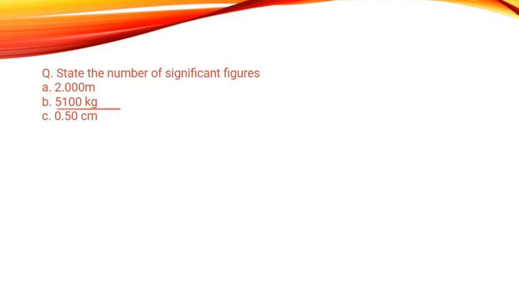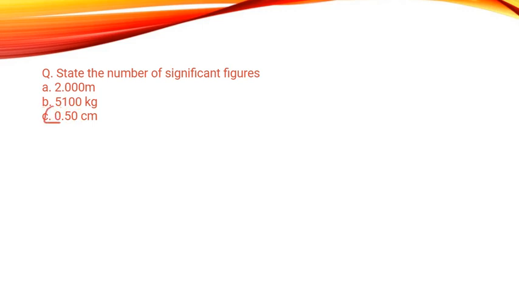Fine. Beta, let me just change this number. Okay, in this number C, how many significant figures? It will be 1, and this 0 is after the decimal, therefore this 0 will become significant, and since this 0 is before the decimal, this will be insignificant.